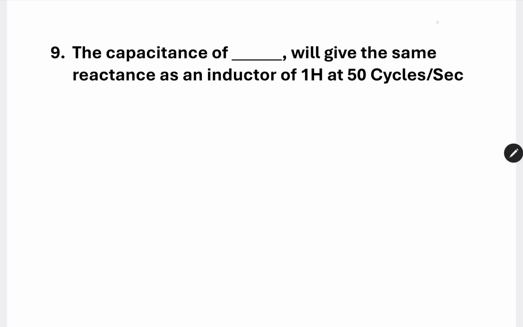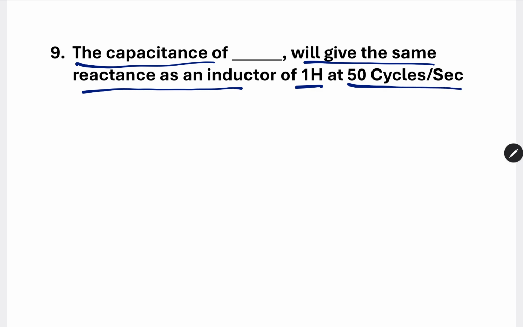Question number 9. The capacitance of dash will give the same reactance as the inductor of 1 Henry at 50 cycles per second. So we know inductor reactance is equal to XL. So how much inductive reactance is there? In order to get the same amount of reactance, what is the value of the capacitor?